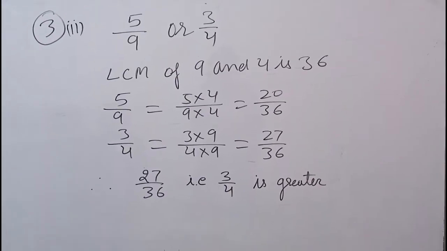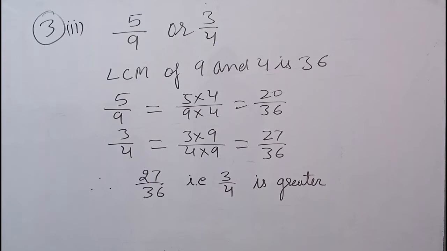Now I am taking question number 3, second part, in which we have to find which fraction is greater. Here we have two fractions, 5 upon 9 and 3 upon 4. For finding out which fraction is greater, we have to convert both the fractions into like fractions. For converting to like fractions, we have to take the LCM of the denominator part, that is LCM of 9 and 4 is 36.